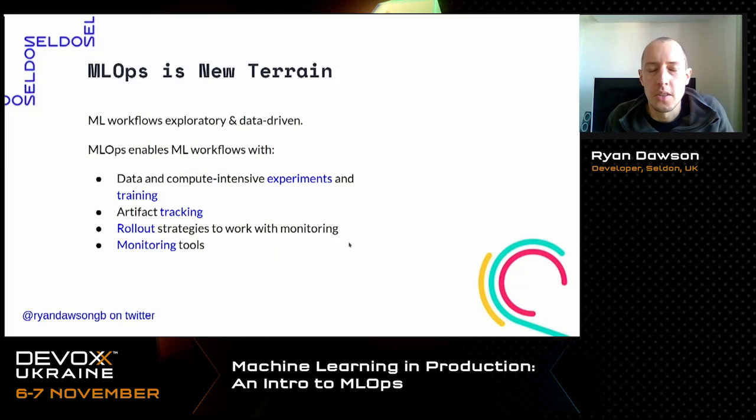So let's finish up by summarizing what we've learned. MLOps is a new terrain. ML workflows are more exploratory and data-driven than traditional DevOps workflows. MLOps enables ML workflows. It provides tools and practices for enabling training runs and experiments that are very data-intensive and which use a lot of compute resources.